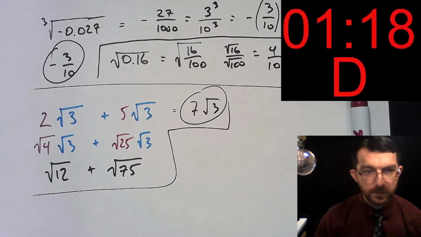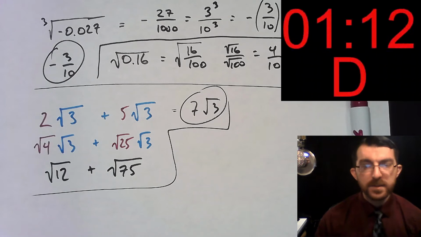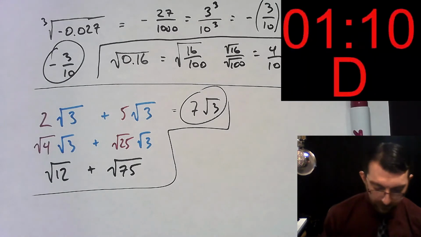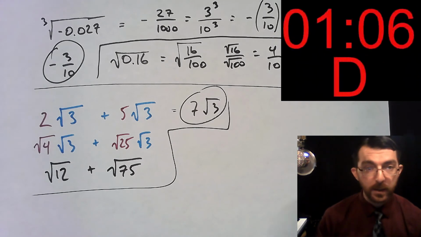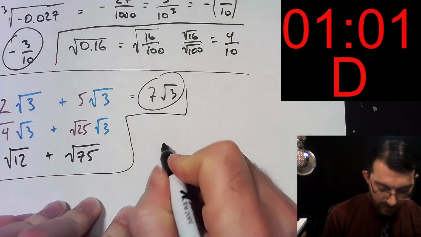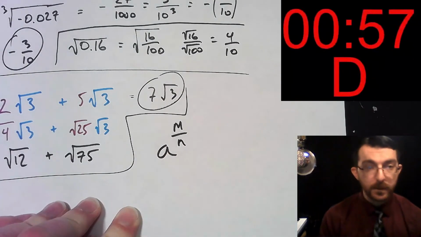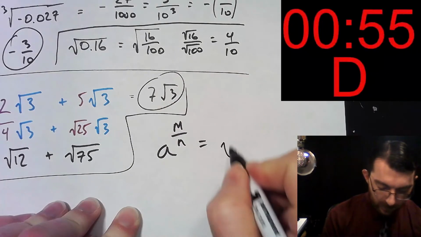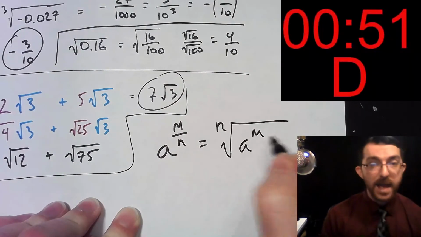Back to these. I sure hope I can get that last section in. 5, 7. This is asking you to put it in radical form. So here's just your general rule. Okay? I think I can probably even write this so you can see it here. If you have a to the m over n, that is equal to the nth root of a to the m.